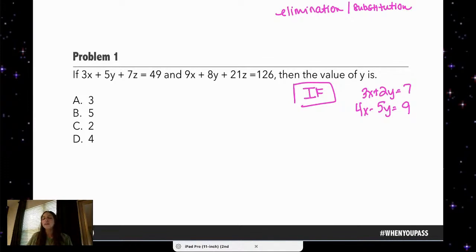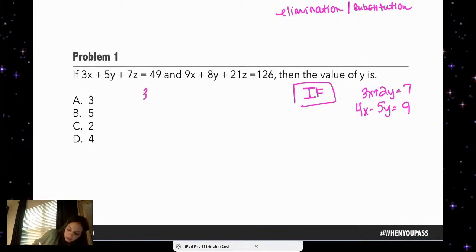But if we eliminate a variable when we have three variables, we're still going to have two variables left. That makes it difficult to figure out the value of one of those variables. That said, that's where I'm going to start. I'm going to try to eliminate one variable. So let's go ahead and try that.